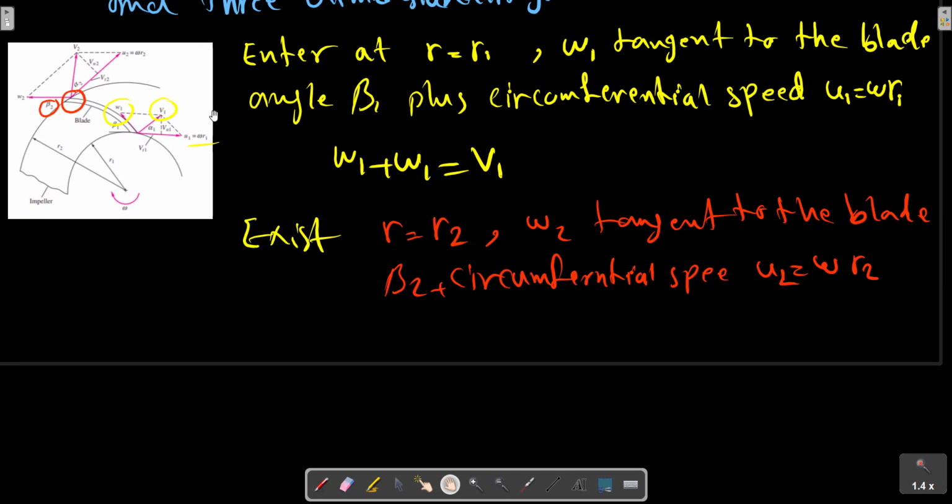So V2 is equal to omega R2 plus W2, and U1 is omega R1.